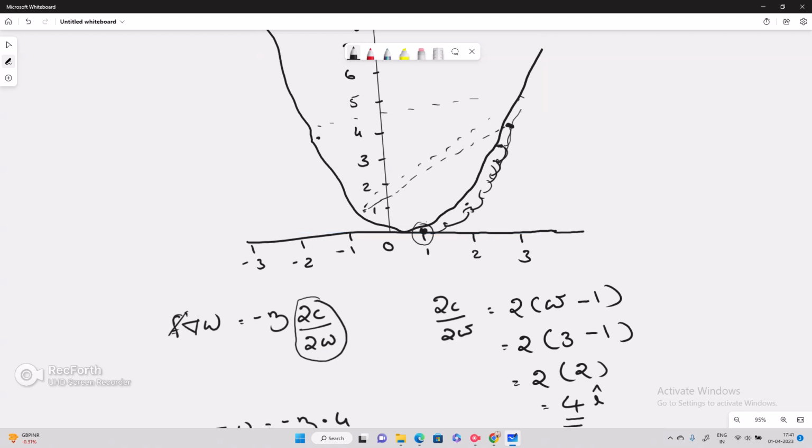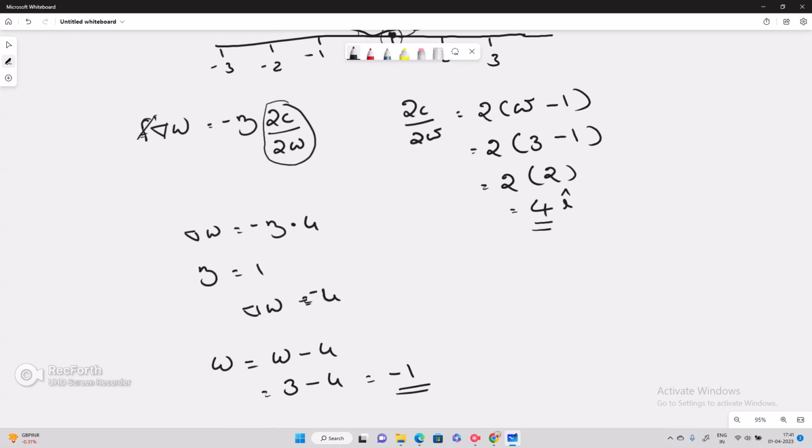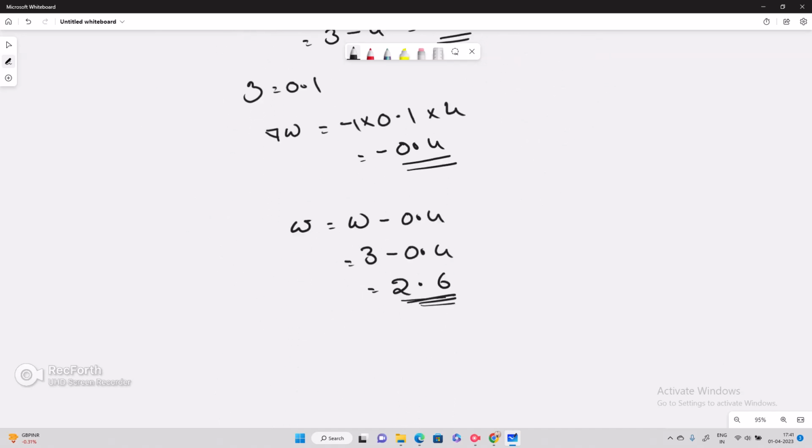When W is equal to 3, we calculated the slope and we updated the weight. We found that the new weight will be minus 1, and this is a drastic change from 3, right? So to control this kind of drastic change, we have introduced a new term called eta, that is a learning rate which will control the weight update. The same thing can be applied to bias also.